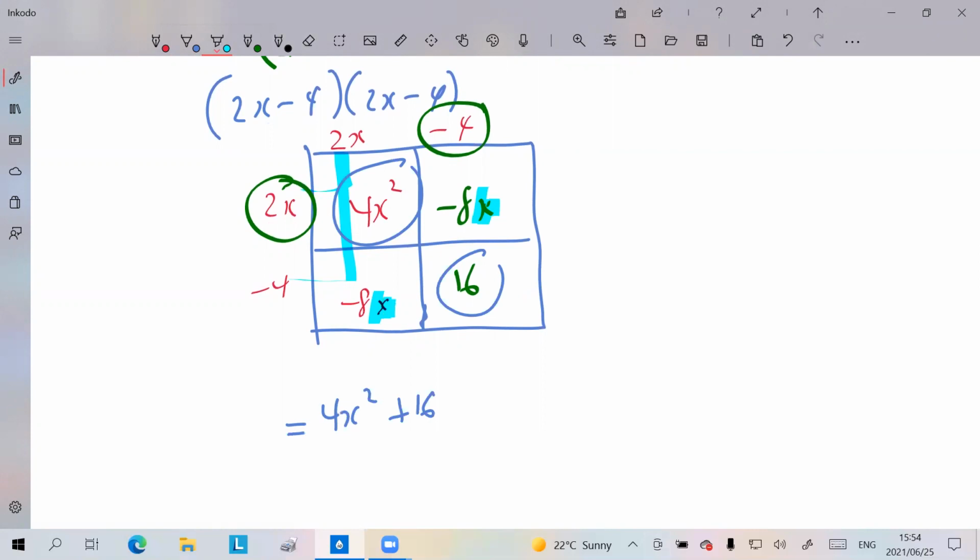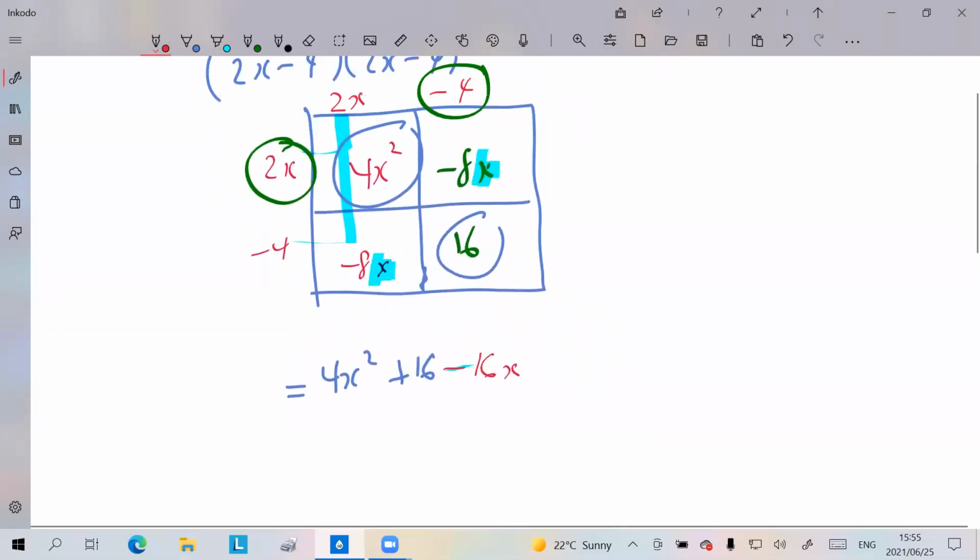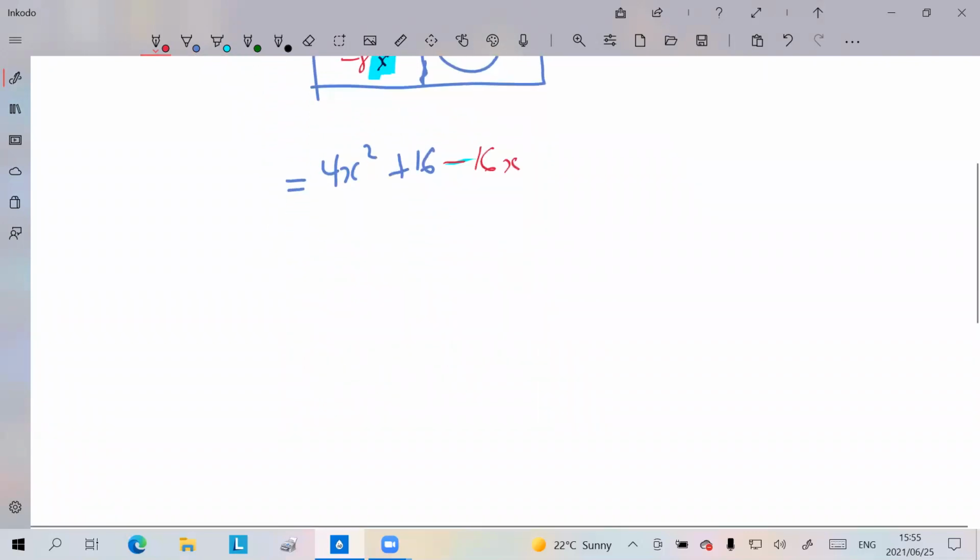So I've got minus 8 apples and minus 8 apples, and minus 8 apples and minus 8 apples is minus 16 apples. There you go. That's your answer. The order doesn't matter. Whether you got 4x squared minus 16x plus 16 or 4x squared plus 16 minus 16x, the answer is still correct. Right?